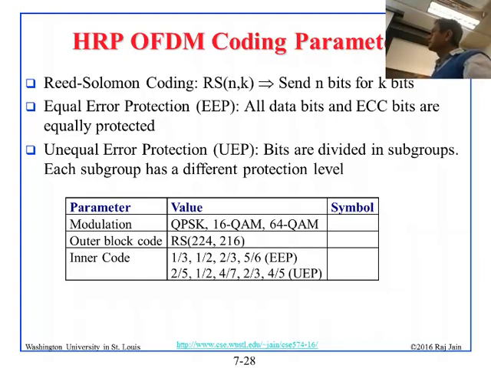Equal error protection means all bits are equally protected. So if you have a 156-bit frame, or 128-bit frame, doesn't matter, all the bits are equally protected. But in some cases, you may want to protect some bits more than others. That is unequal protection. For example, you may want to protect a header better than the payload.